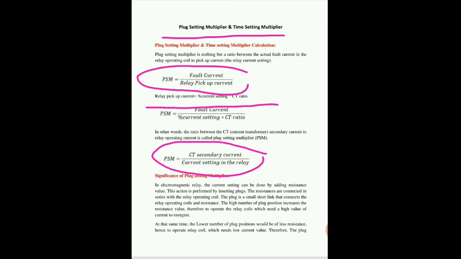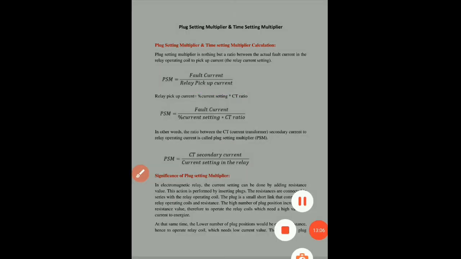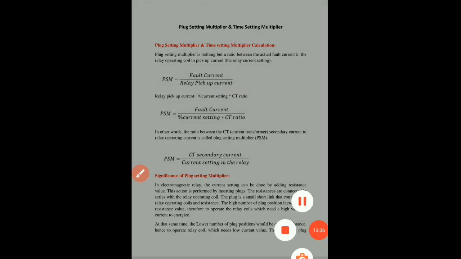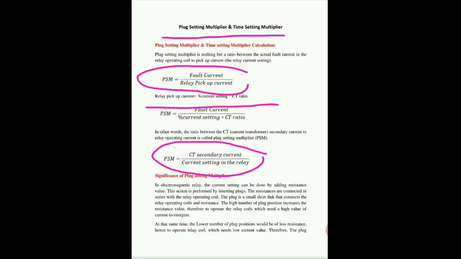In other words, PSM is also defined as the ratio of current transformer secondary current to the current setting in the relay. TSM indicates the speed adjusting mechanism of relay for the operation of fault. If there is any fault, then the disc rotates and we can see that there is a fault in our system. So this is about the PSM and time setting multiplier.